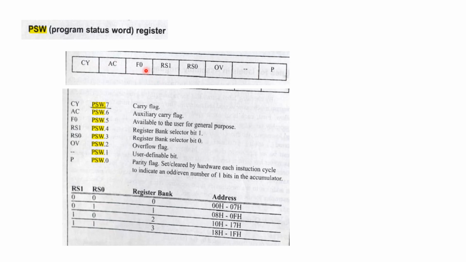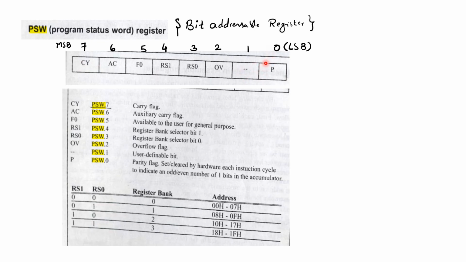And F0 and the other bit are user defined. These user-definable bits are reserved for the user's purpose. Since PSW is a bit addressable register, each bit can be accessed separately. Bit 0, 1, 2, 3, any one particular bit of this PSW can be accessed, and therefore it is named a bit addressable register.